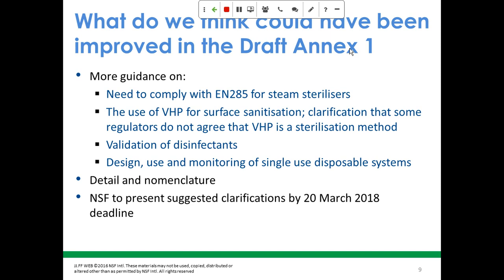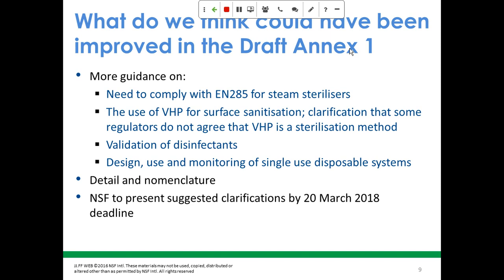Secondly, we wanted to see more clarification about the use of VHP as a surface sanitization method, and clarification that regulators do not agree that VHP is a suitable sterilization method for product contact surfaces.